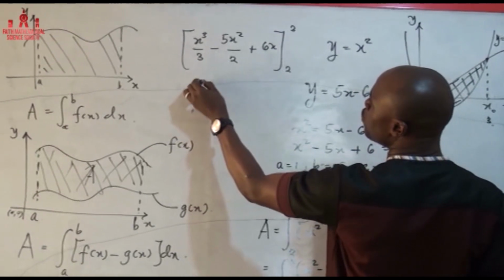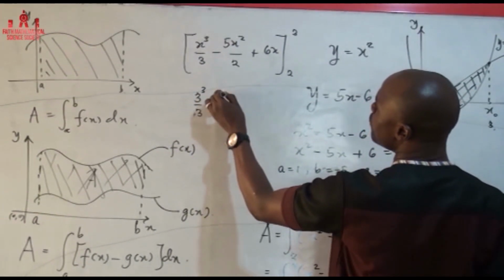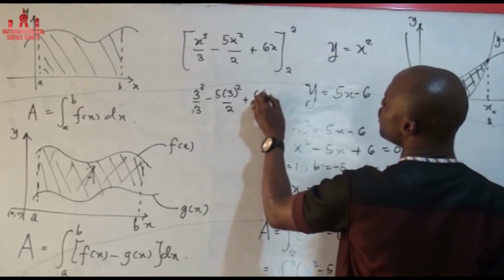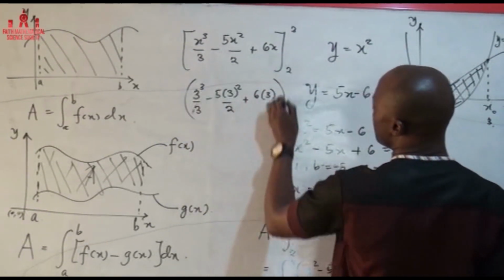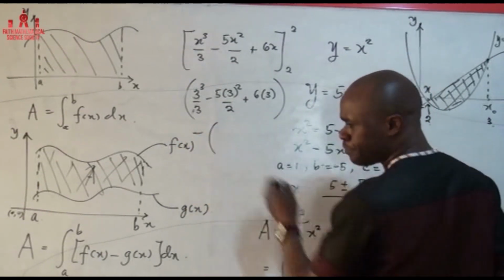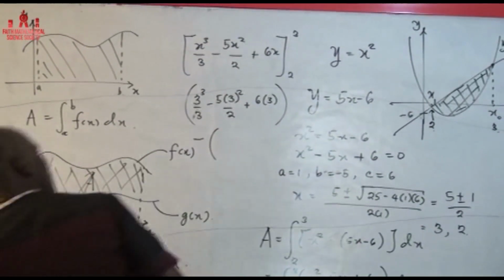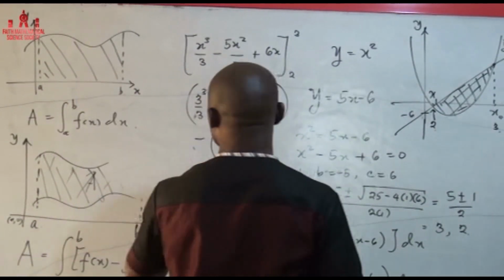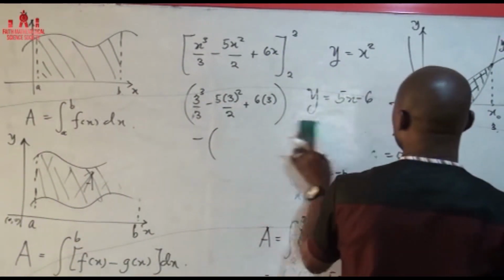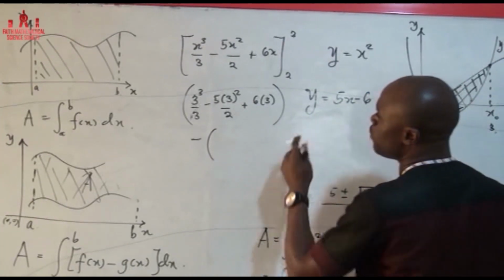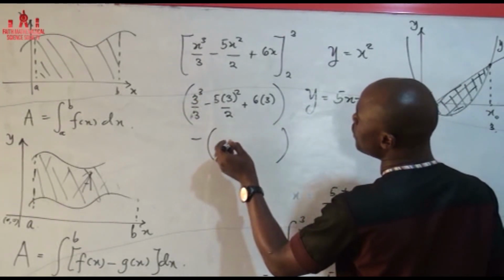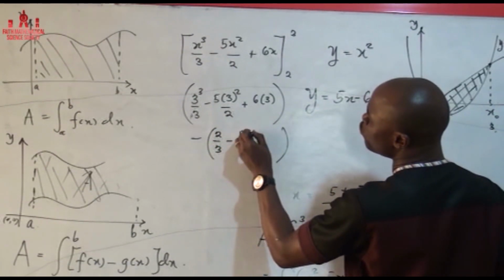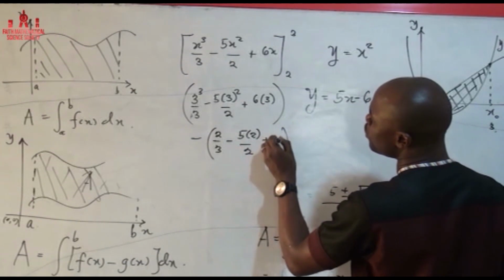I'm going to have 3 cubed over 3 minus 5 times 3 squared over 2 plus 6 times 3, minus, I'm going to have to take a little part of this out. You can always refer to the part of the video where I started that, and this is going to give me the two parts: 2 cubed over 3 minus 5 times 2 squared over 2 plus 6 times 2.